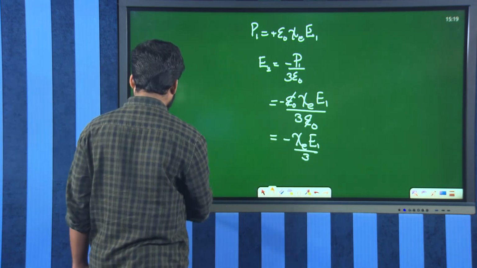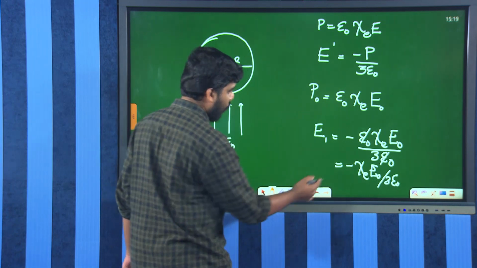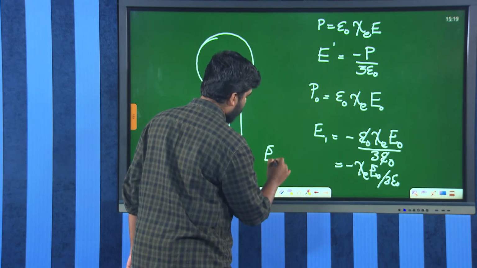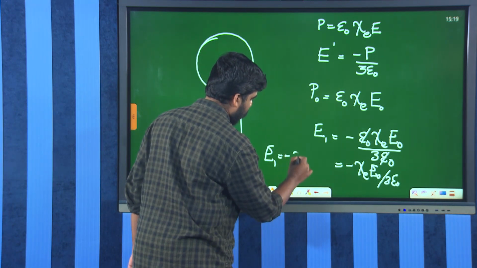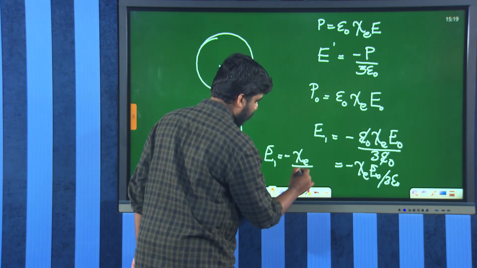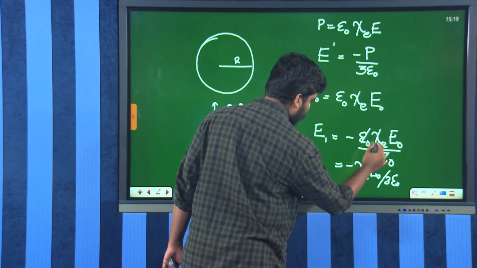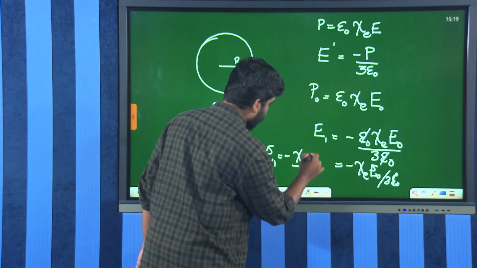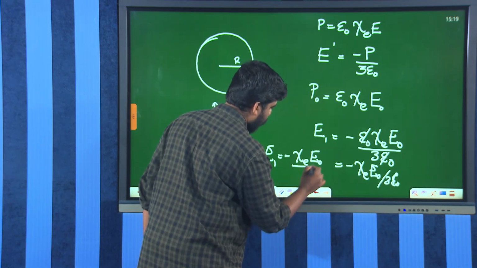And from our old expression, what was E1? E1 is equal to minus chi e E0 by 3.